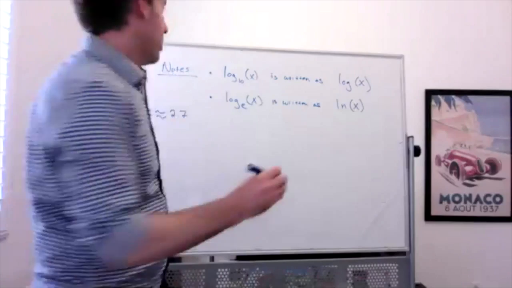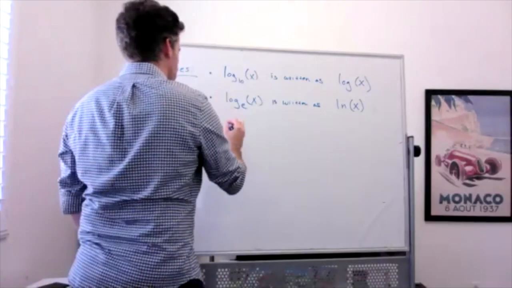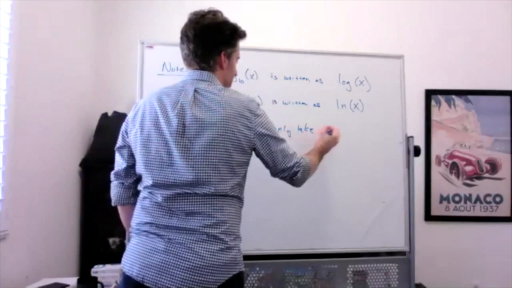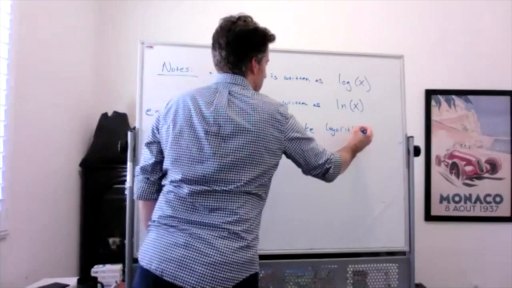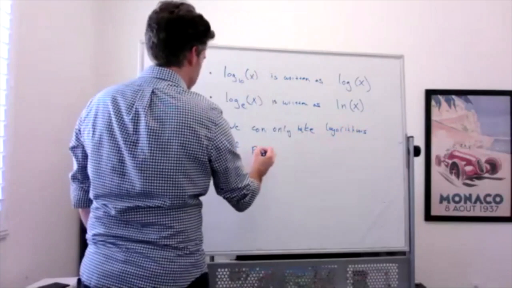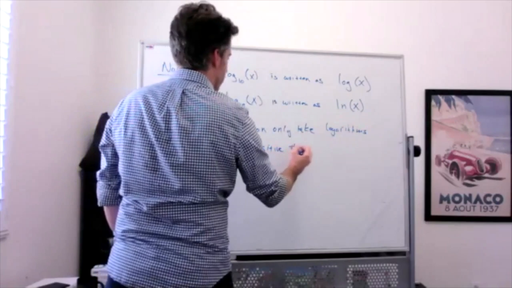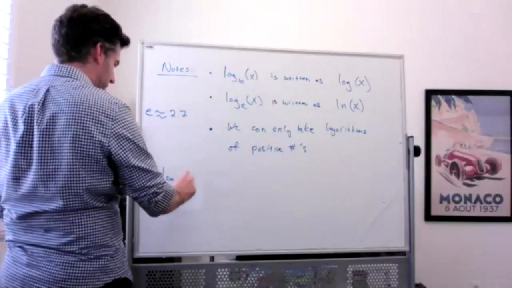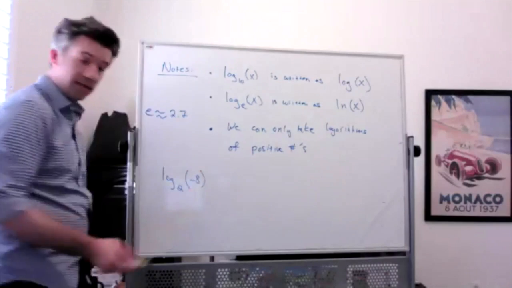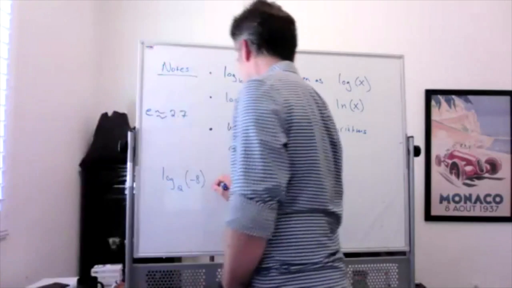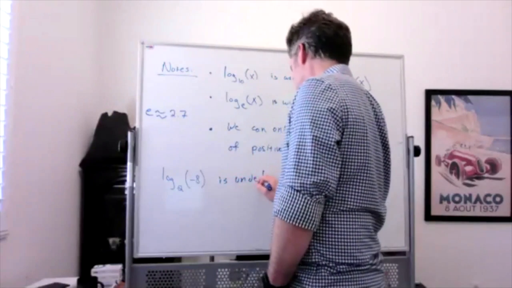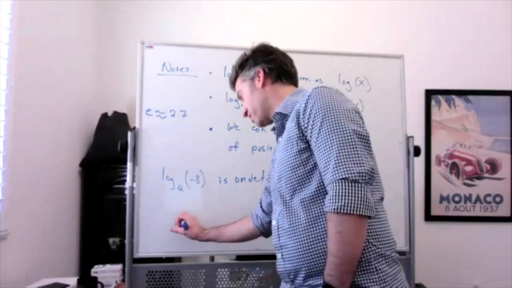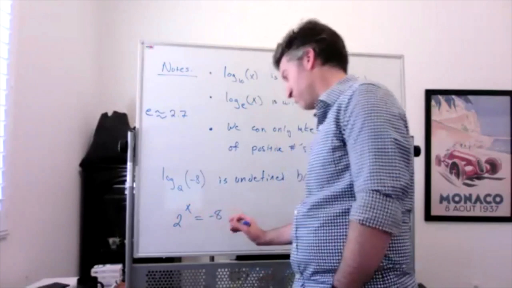What else? We can only take logarithms of positive numbers. So I could not take the log base 2 of, say, -8. This is undefined because there is no x so that 2 to the x equals -8.